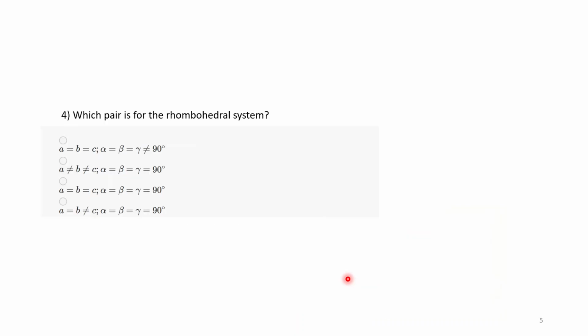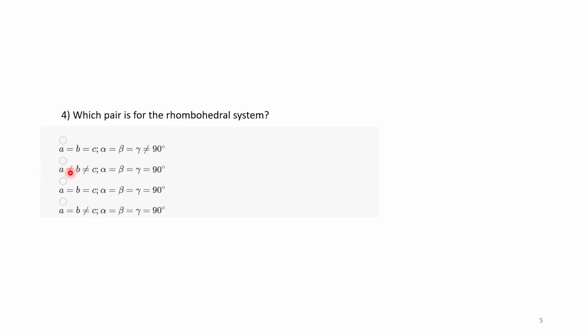Next question is, which pair is for the rhombohedral system? Your geometric parameters are a, b, c, and alpha, beta, gamma, which are the interaxial angles, and these are your axes. Option one: a, b, c all equal, and alpha, beta equal, and gamma not equal to 90.